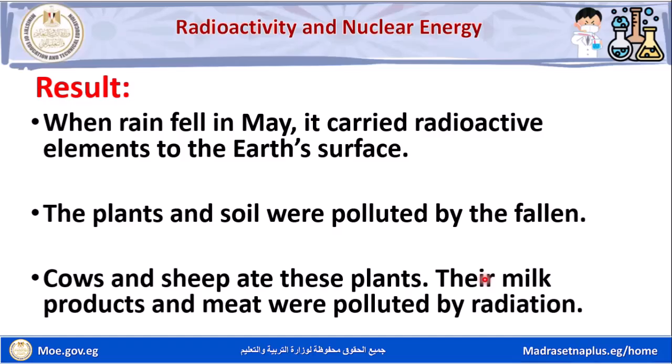The plants and soil were polluted by the fallen radioactive elements or isotopes. Cows and sheep ate these plants. Their milk products and meat were polluted by radiation.